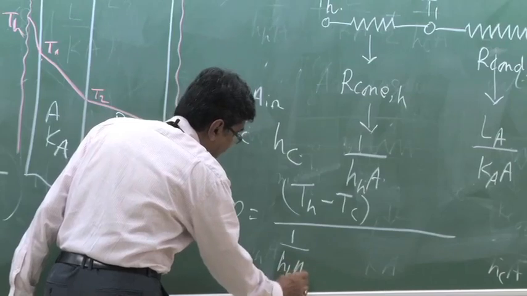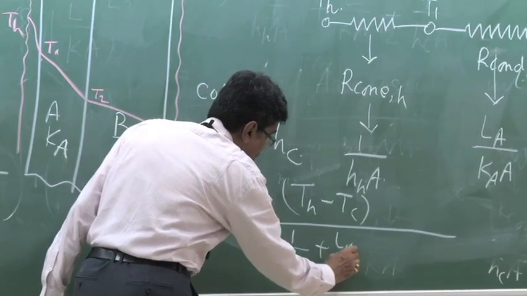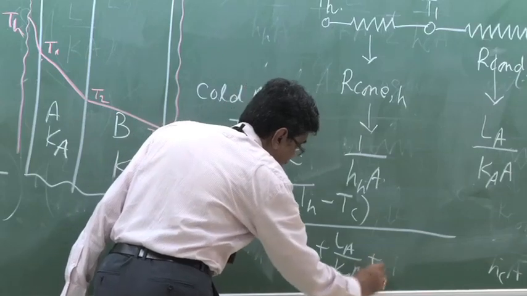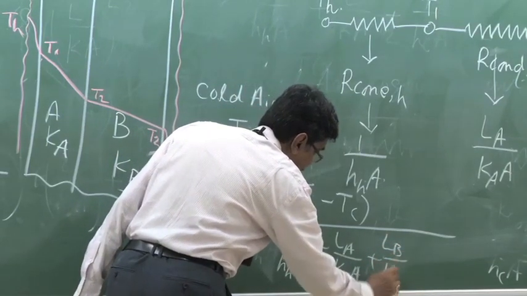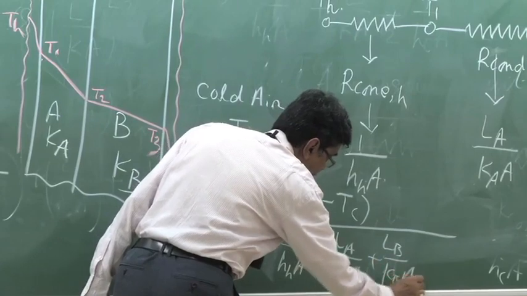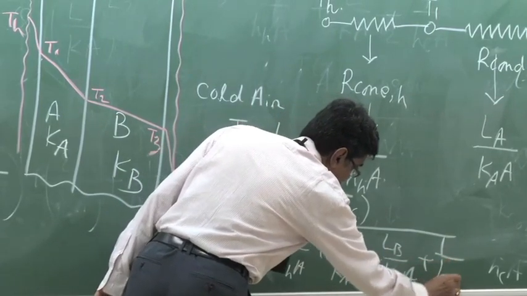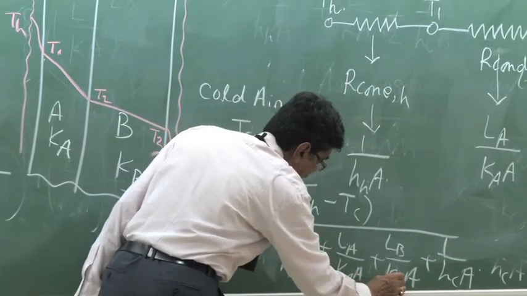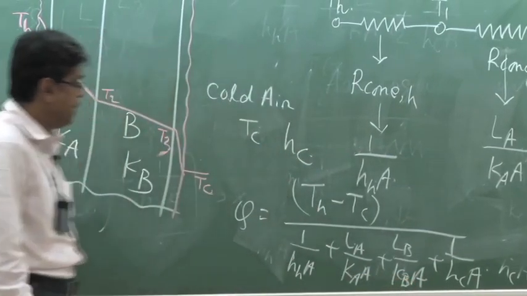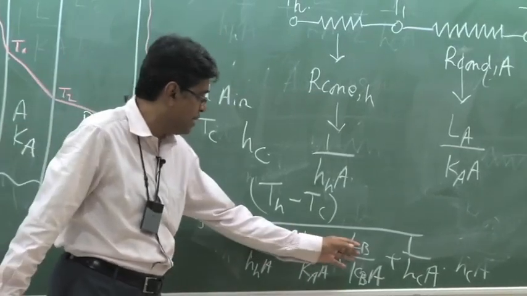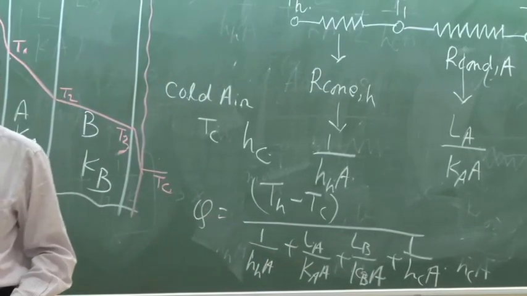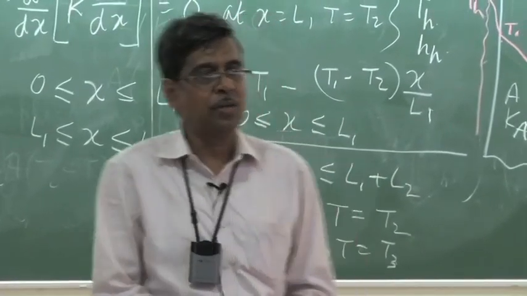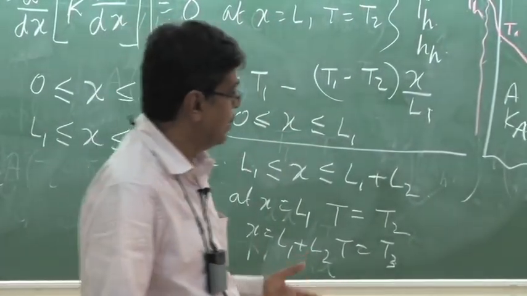The only thing is that there are two conduction resistances, LA by KAA and LB by KBA, plus the convection resistances 1 by HhA and 1 by HcA. These two conduction resistances are in series along with the convection resistances. So this is a series network problem of steady one-dimensional flow.